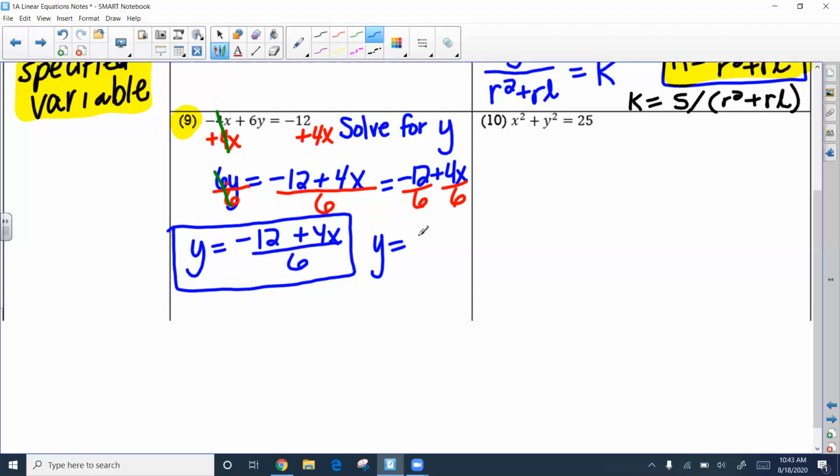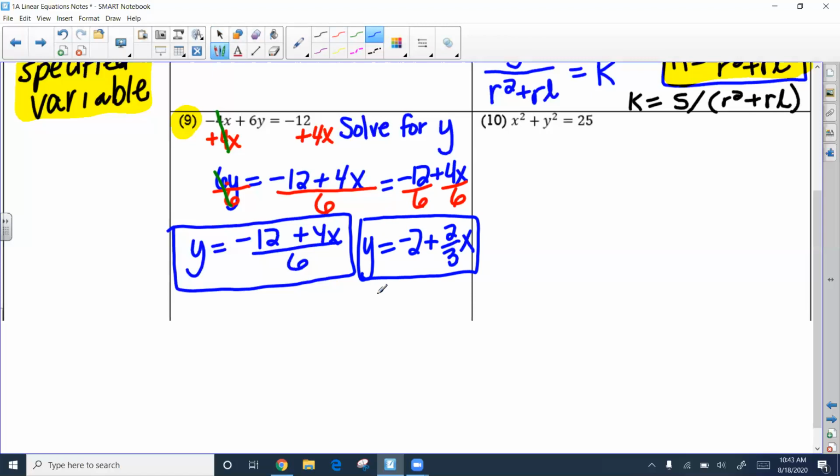Like this, negative 12 divided by 6 is negative 2. And here, 4 divided by 6, it doesn't divide evenly, but it does reduce to 2 over 3. So then we would have this, y equals negative 2 plus 2/3 x. Okay, those are both correct and both equivalent.